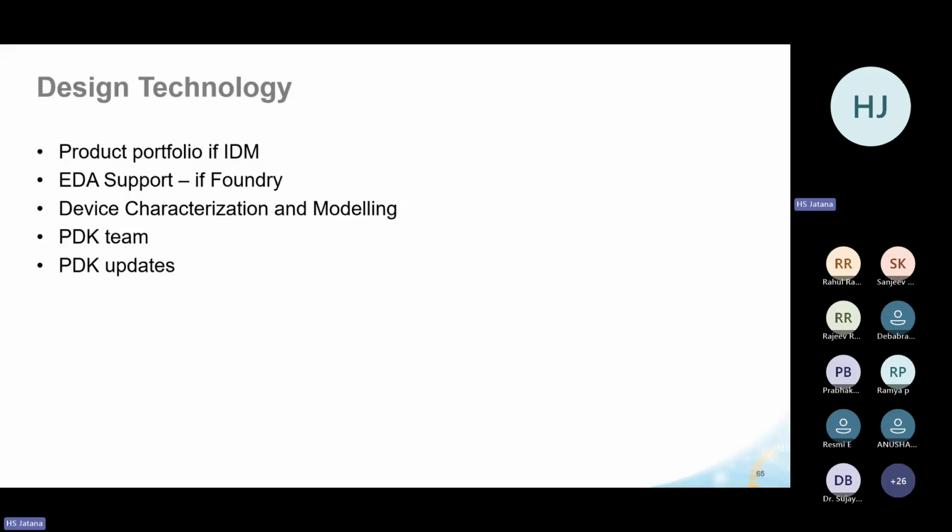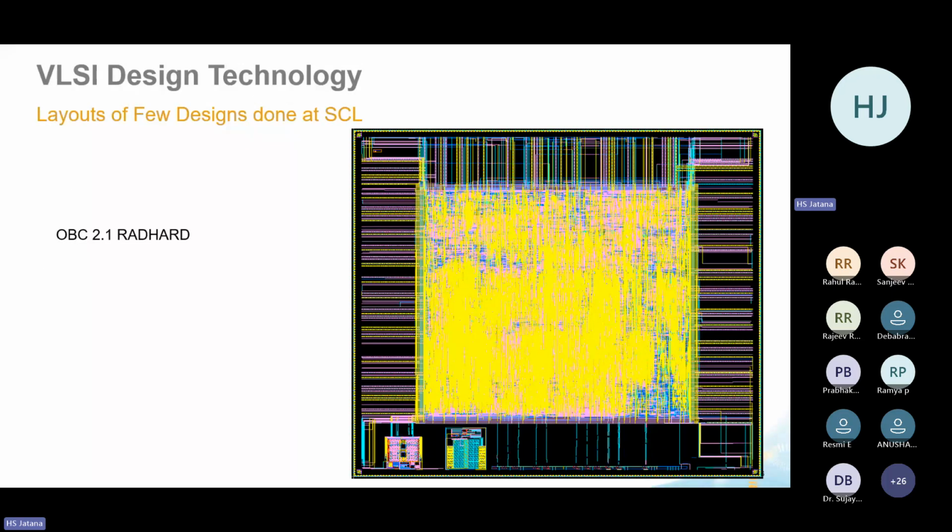So these are some of the sample designs which we did. This is an onboard controller which is used in the satellite. It's basically a controller which controls the operations of the satellite, and it's radiation hardened, and it is actually used in satellites. And there's an LDO, because from the outside we are getting a 3.3 volt supply, and this is a digital circuit.